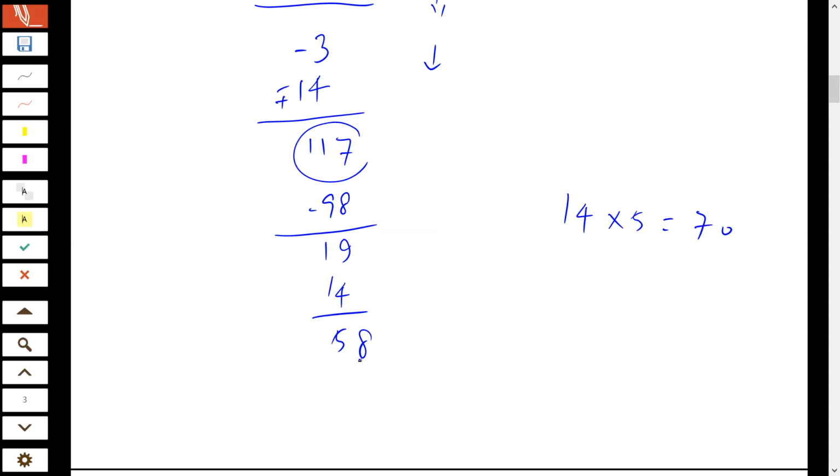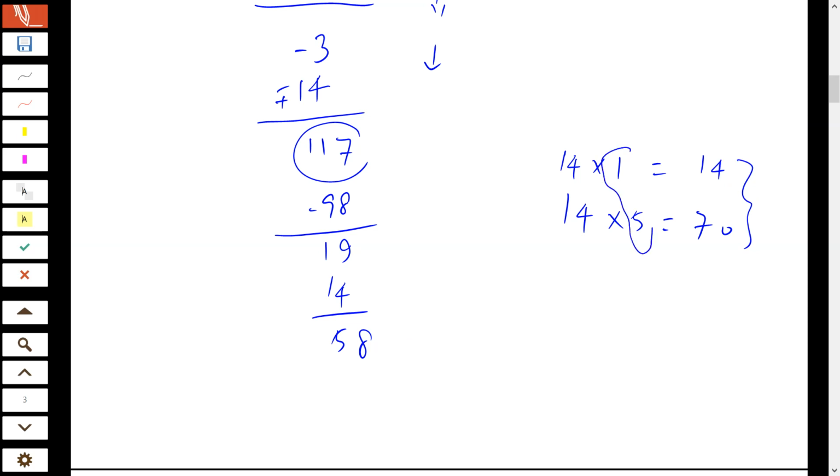And I do not want to go up because 58 is smaller than 70. So maybe the smallest number I should try is 1, because 1, 5, 10. So what is 14 times 1? 14. Now 58 is between 14 and 70.